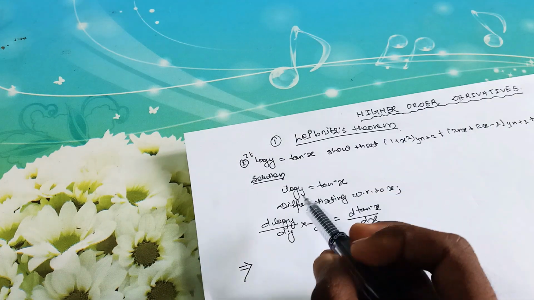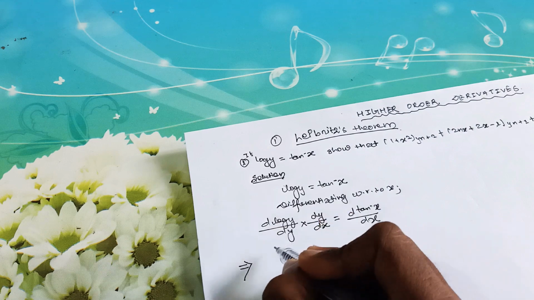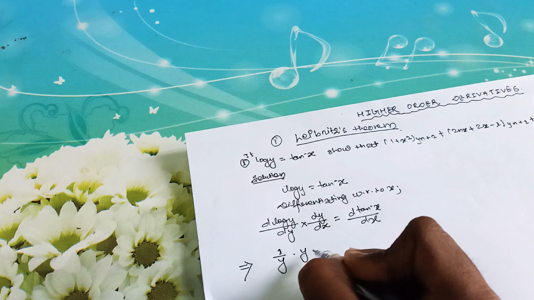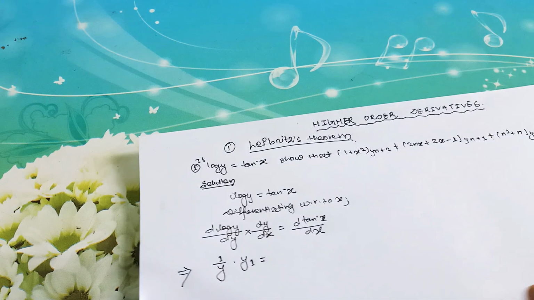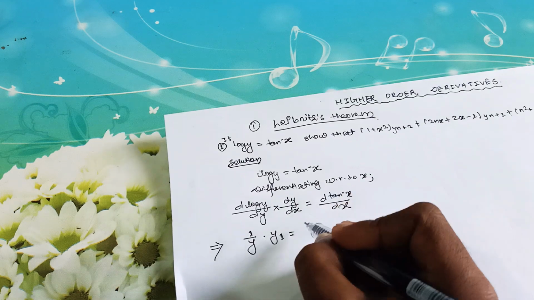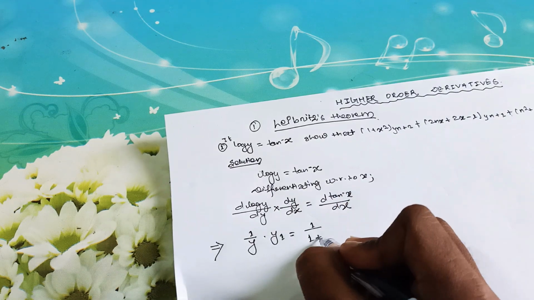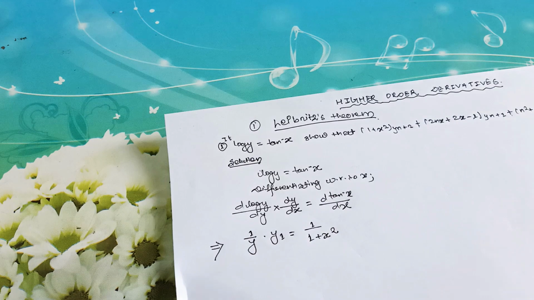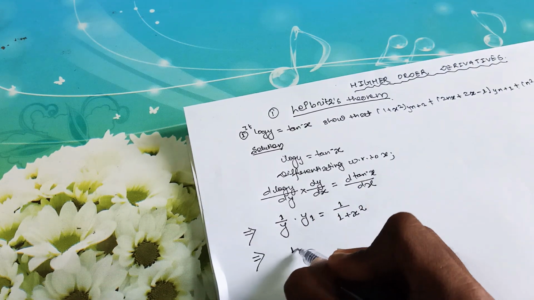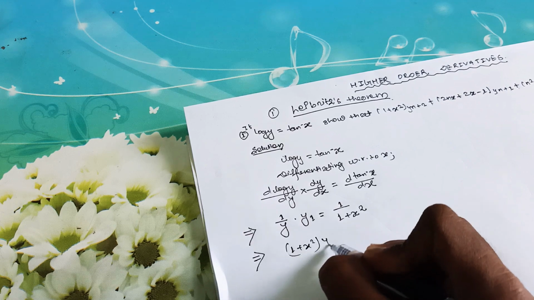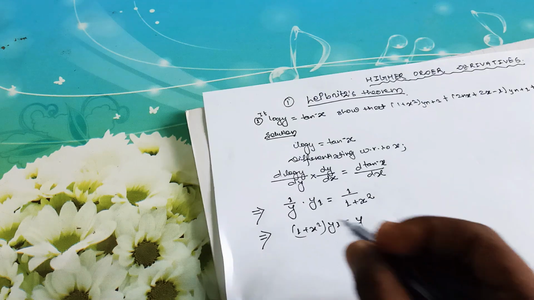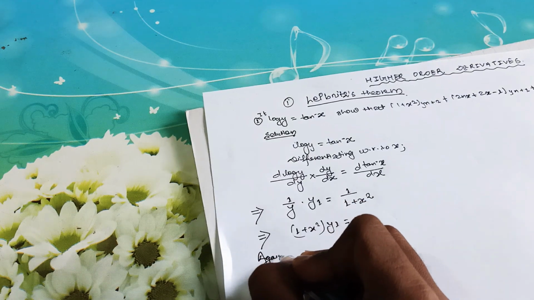We have the formula: derivative of log y is 1 by y times dy by dx, which is y1, and the derivative of tan inverse x is 1 by 1 plus x square. Arranging it, 1 plus x square times y1 is equal to 1, so that we can differentiate it again.